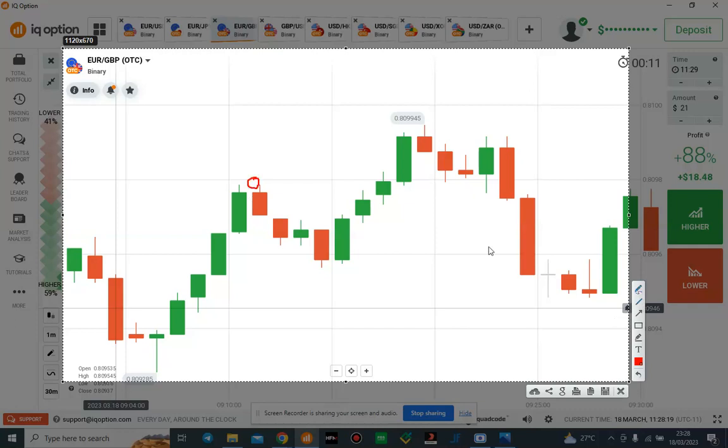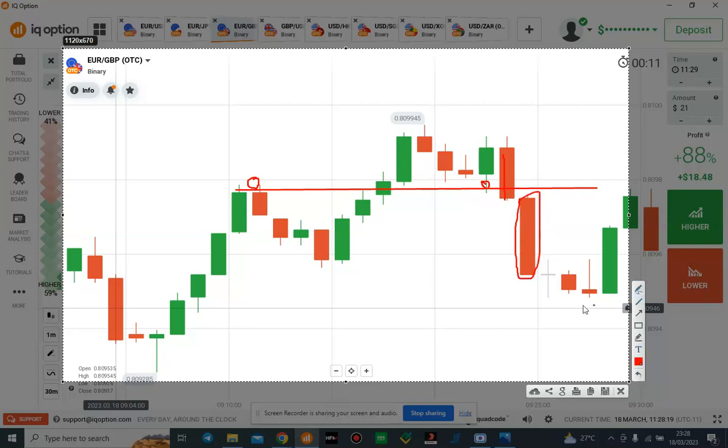If you draw a horizontal line, it will look like this. You can see that the market reversed and became a support. Then instead we have a strong sellers candle, and then also strong sellers candles.